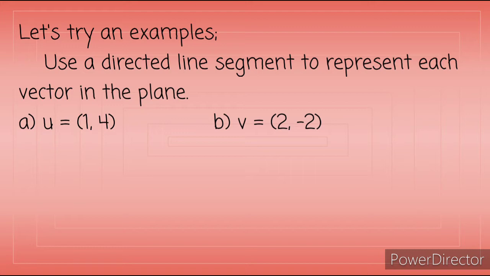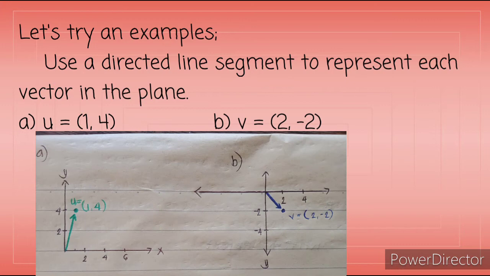Solution: to represent each vector, draw a directed line segment from the origin to the indicated terminal point. Like in letter A, I draw a directed line segment from the origin to the terminal point, which is (1, 4). And in letter B, I draw a directed line segment from point (0, 0) to point (2, -2).